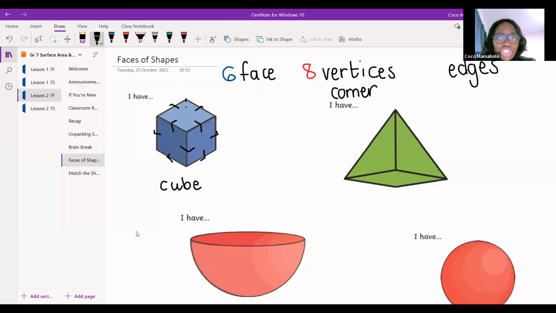And if I look at my shape from the back over there, there's another one, there's another one, there's another one. And I'm going to add them all up together and I'm going to get 12 edges.